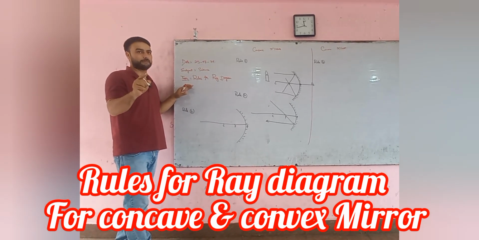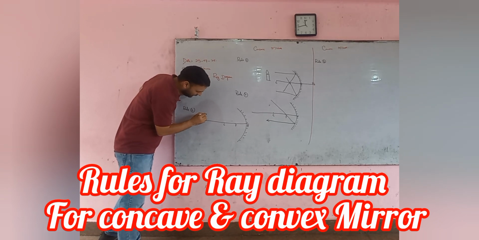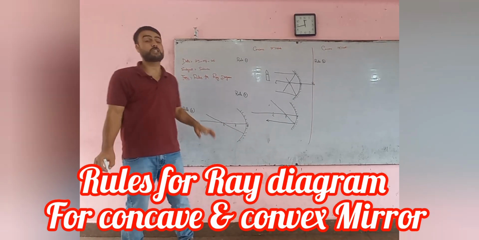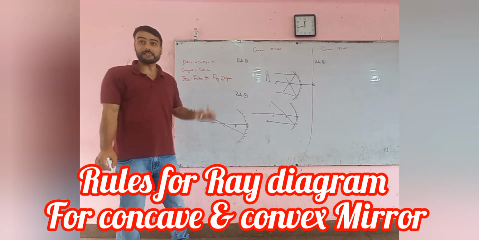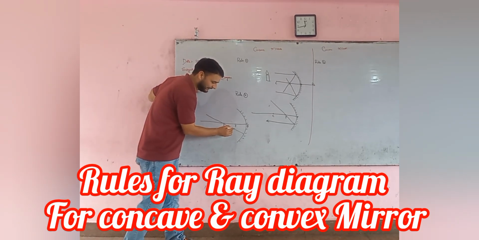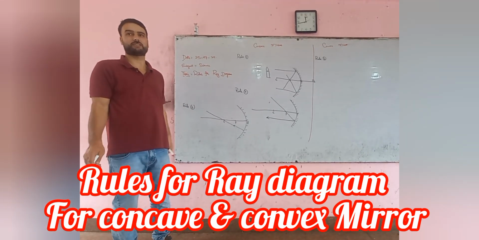Rule number three is, if the incident ray is directed towards the center of curvature like this, what will be the direction of the reflected ray? The direction of the reflected ray will be the same as that of the incident ray. It will move in the same direction.